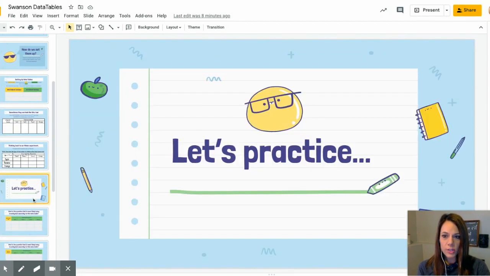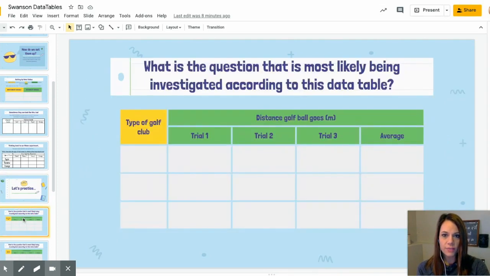So let's do some practice here. Think about this. It says, what question? So we're not actually making a data table. We are thinking of the question that's actually being asked based on the data table. It says, what is the question that is most likely being investigated according to this data table?